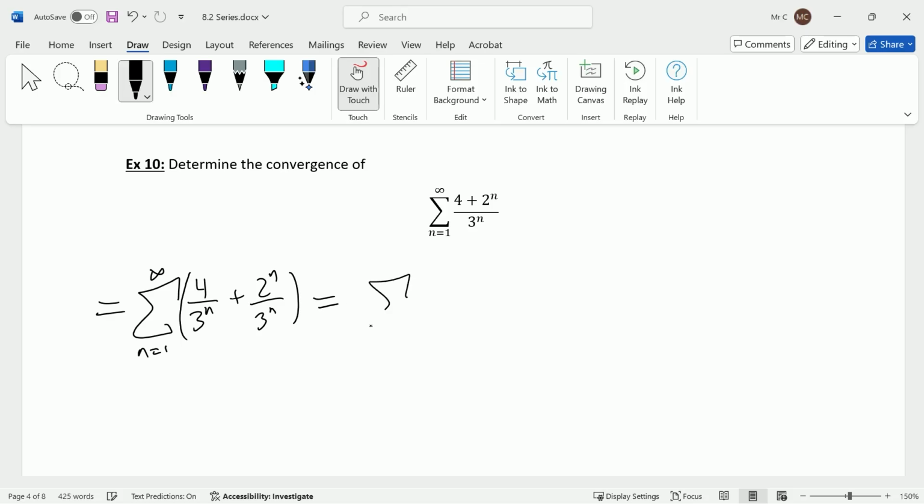And now I'm going to split the series into 2 on that sum. Now this only works if the resulting series both converge. So if I found that either of them diverged, I'd have to erase this work and go back and think of something else. But I have a hunch that they're both going to converge.